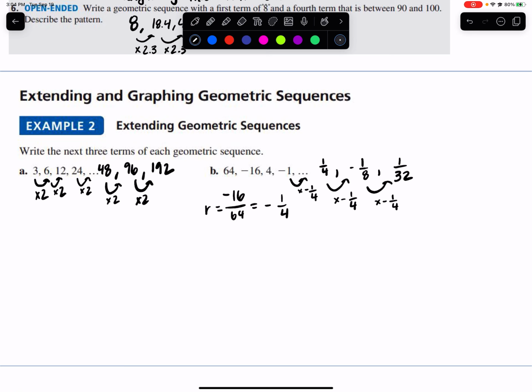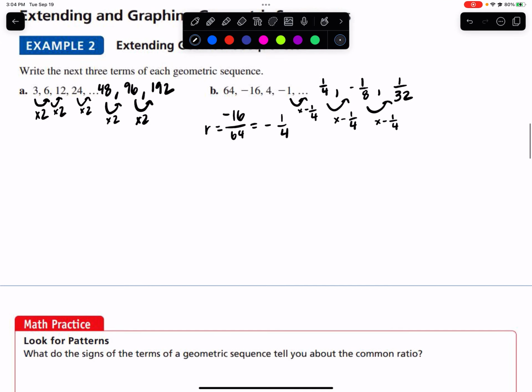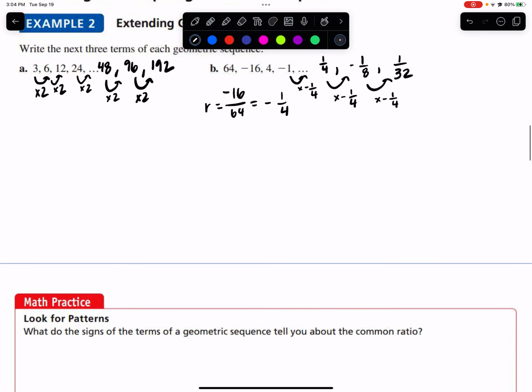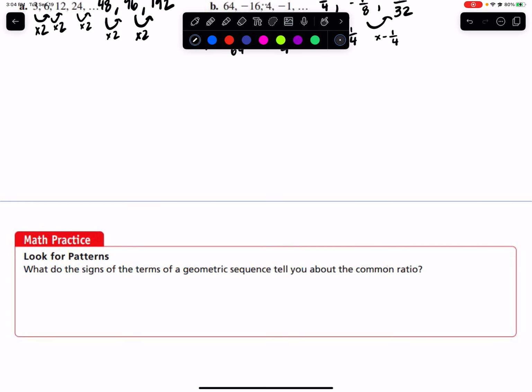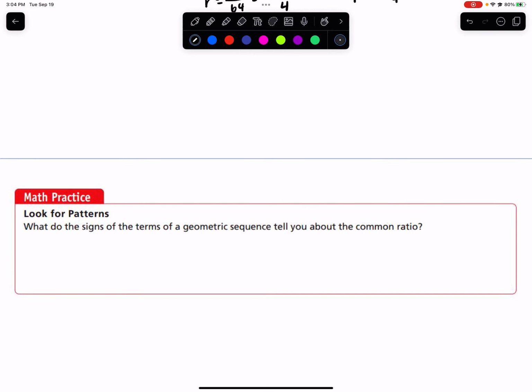All right, I hope that you noticed in example 2b that my signs flipped every single time. So in this math practice where it says look for patterns, the signs will tell you if the signs are all the same, then you're multiplying by a positive common ratio, because you're not changing anything when you multiply by a positive number.